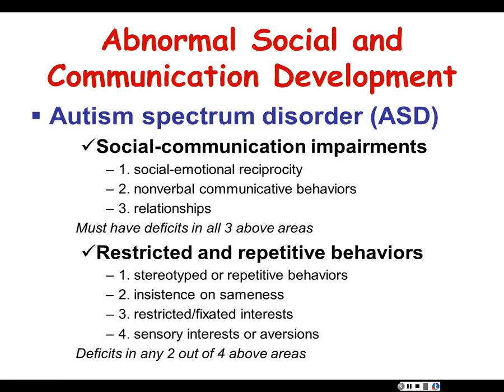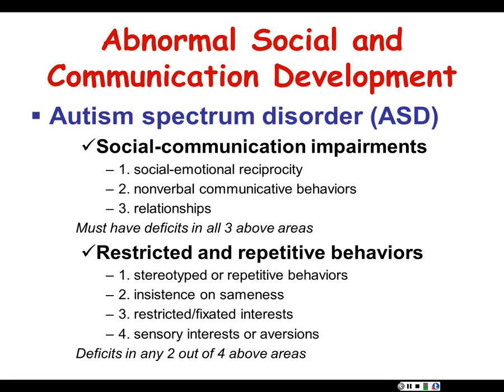To be diagnosed with an autism spectrum disorder, you have to have deficits in all 3 areas of the social communication impairments. So there's either a delay or a lack of social emotional reciprocity, a give and take in how you're sharing experiences. Maybe the child does not have joint attention, like looking at the object. That's a real simple test they'll give to the child.